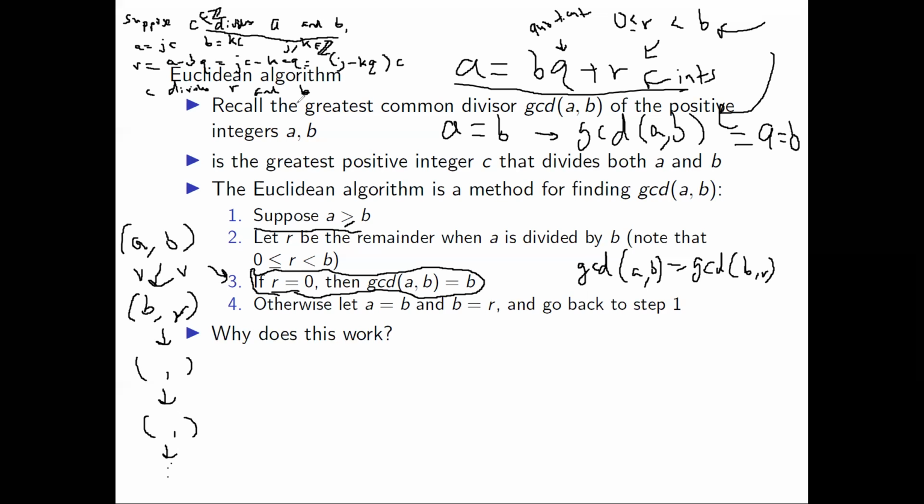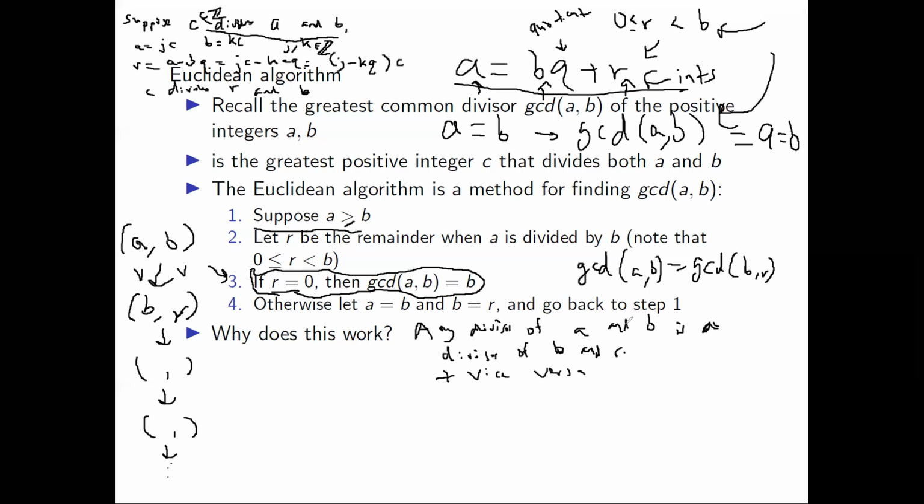So any divisor of A and B is a divisor of B and R. And if we have a divisor of B and R, so if we have some D that divides both B and R, then if B is a multiple of D and R is a multiple of D, then of course A must also be a multiple of D. So if this B right here is divisible by D, if D divides that B and D divides this R, then D has to divide that A, because A would be a multiple of D times Q plus another multiple of D, which is a multiple of D. So we can say, and vice versa.